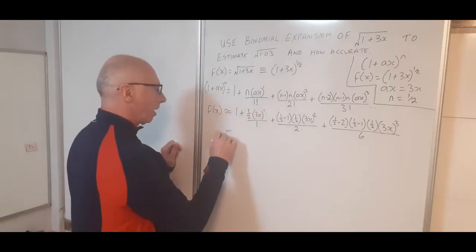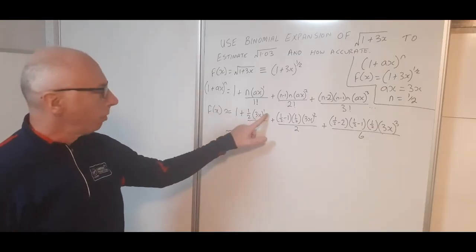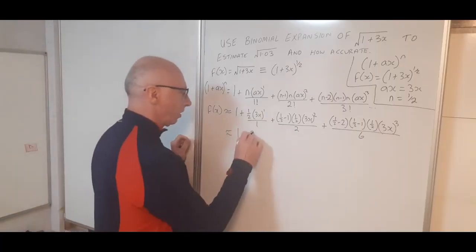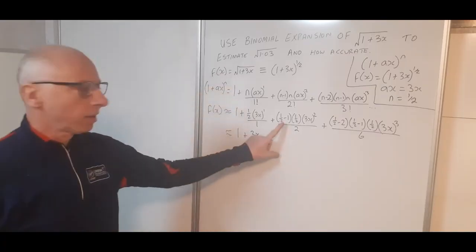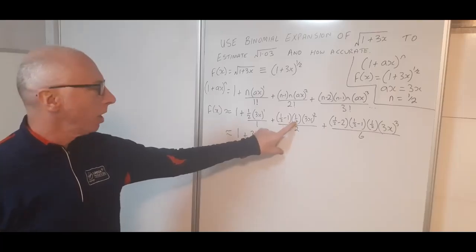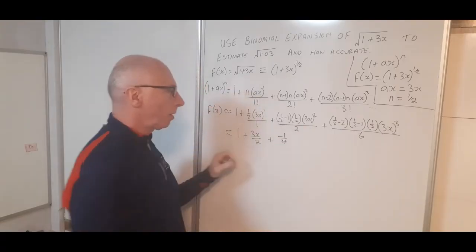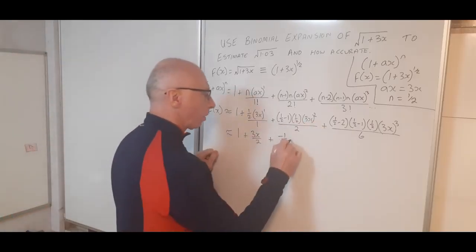So f of x is now approximately 1 plus, I've got 3x to the power of 1, which is just 3x, and a half, so that's going to be half of 3x. So I've got 3x over 2. Next term here, I've got minus a half times a half, so that's minus a quarter. Let's go through the steps with this one a little bit more carefully. 3x squared gives me 9x squared.